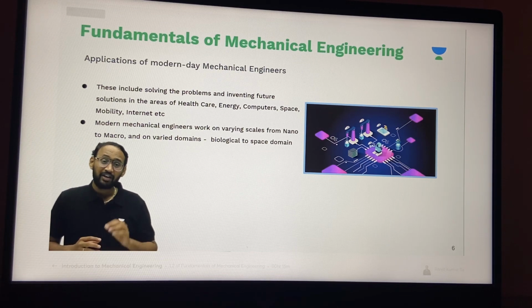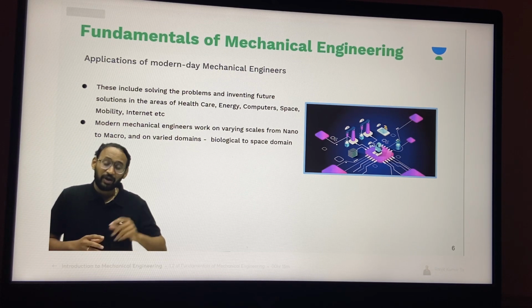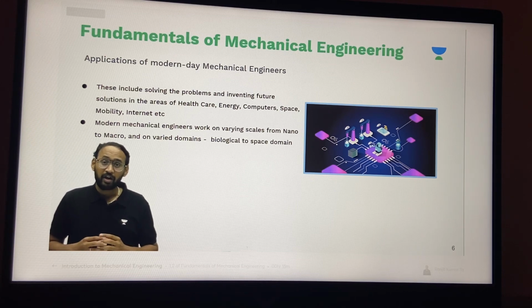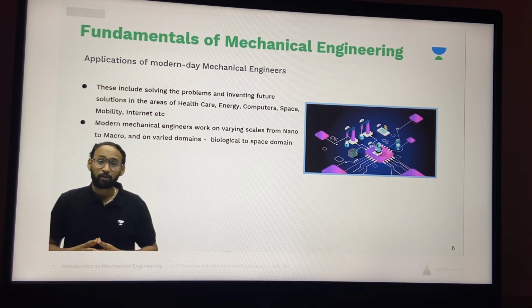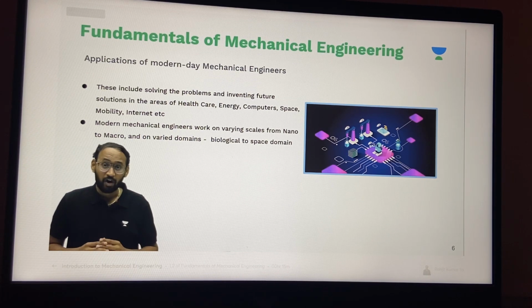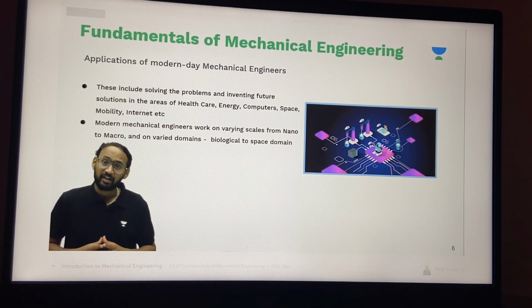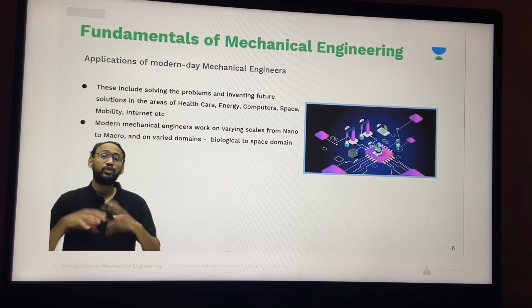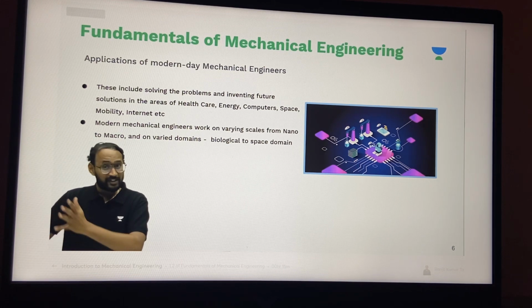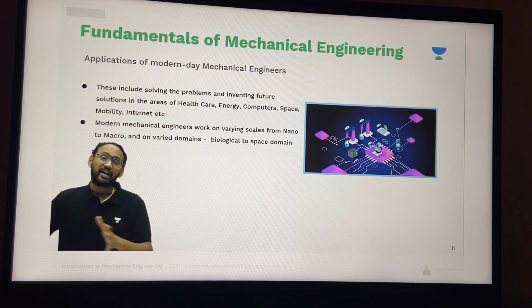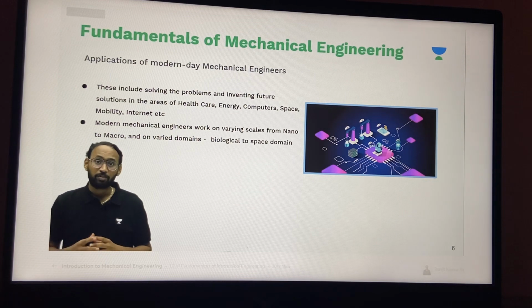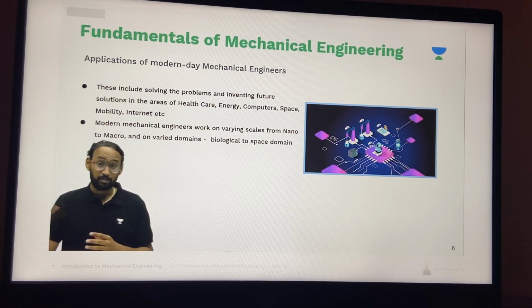But today, in healthcare, you have mechanical engineers working on building huge diagnostic equipment or instruments. Mechanical engineers like you are working on building robots for robotic surgeries. So there is a new set of scope which has emerged because of the advancements or the requirements to make the life of the people much better.